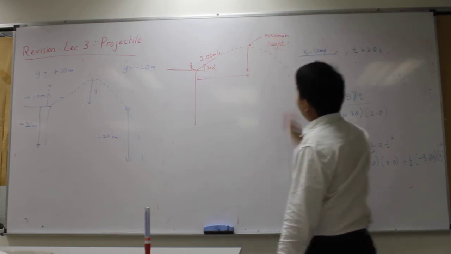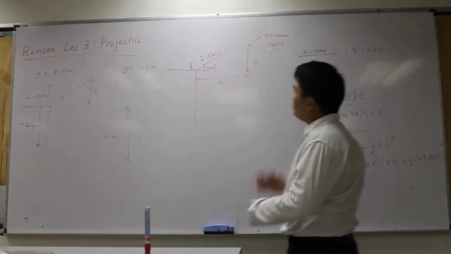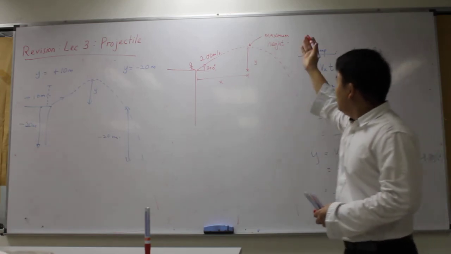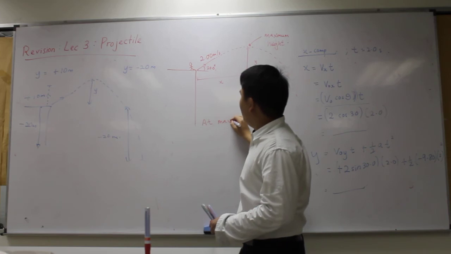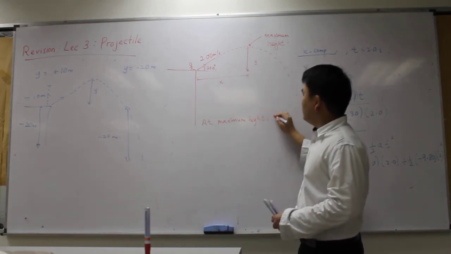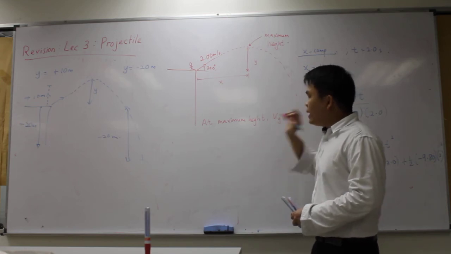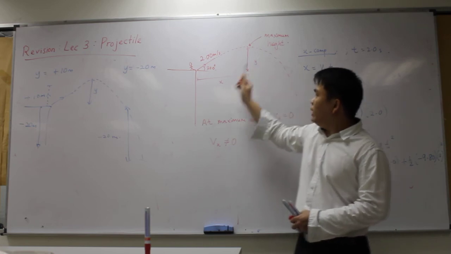In order to get the maximum height, maybe I define this as x, this as y. So we try to analyze this question. At the maximum height, the highest position, you should know that Vy is 0. Take care here, Vx is not 0, because Vx is constant all the time.